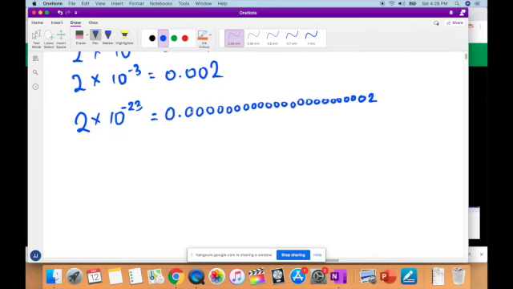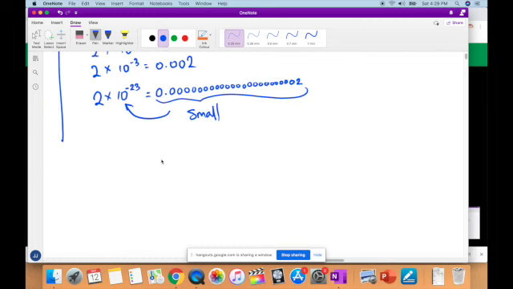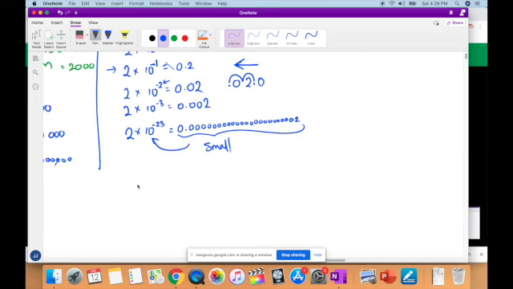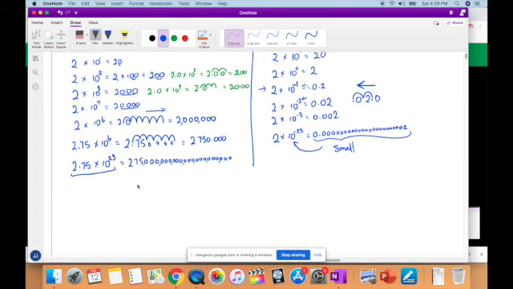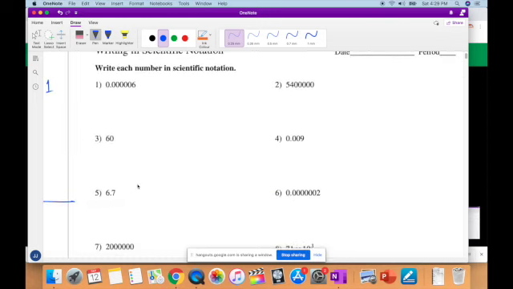So the point here is that when I have very, very small numbers, I can also represent that in standard form. You understand? Any questions? Did you guys write this down? Yeah. Let me see how good Ollie is.